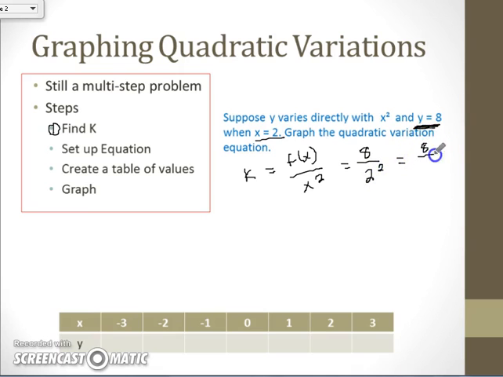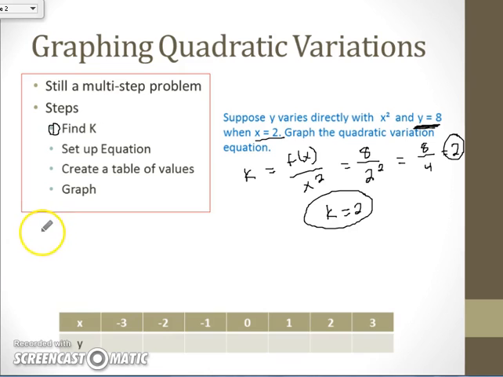This simplifies to 8 over 4, and we get 2. So our k value, k equals 2 for this relation. So now to finish filling out our table, we want to use our quadratic variation equation.